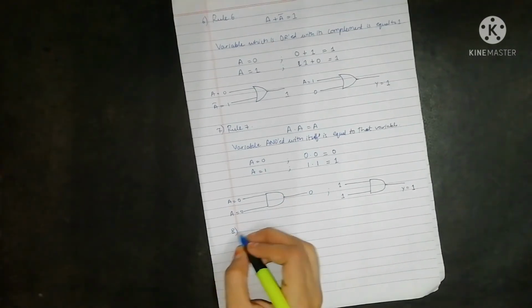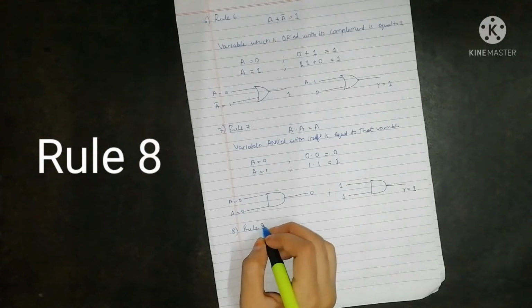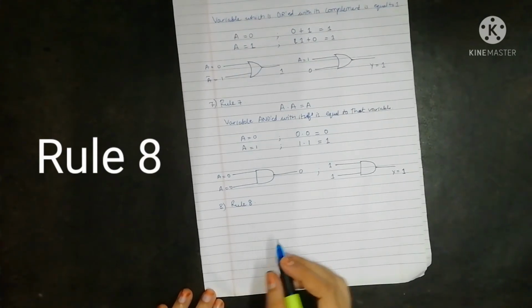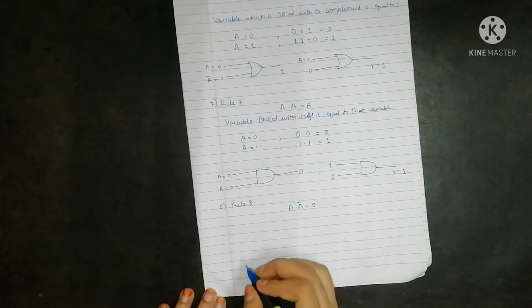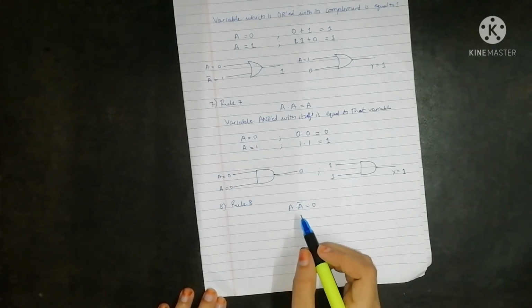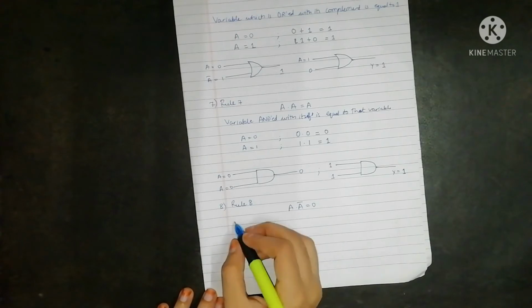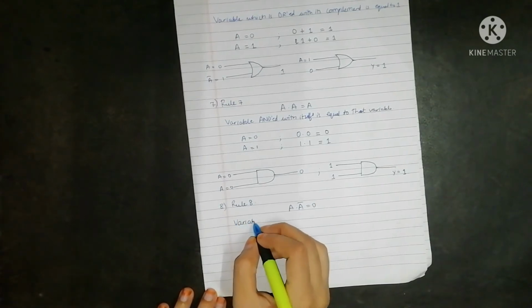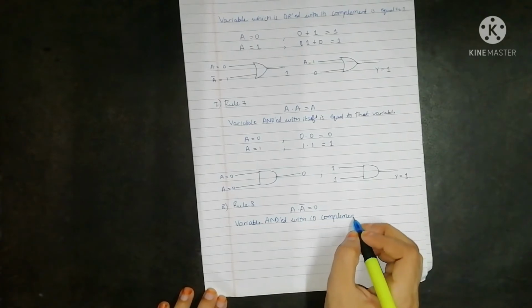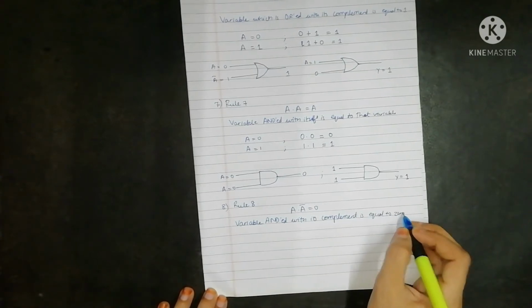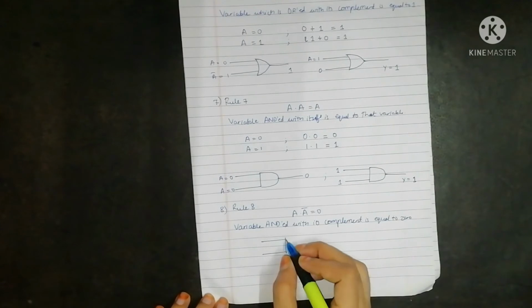Now we will see rule number 8. Rule 8 says A into A bar is equal to 0. The variable ANDed with its complement is equal to 0. Take an AND gate.